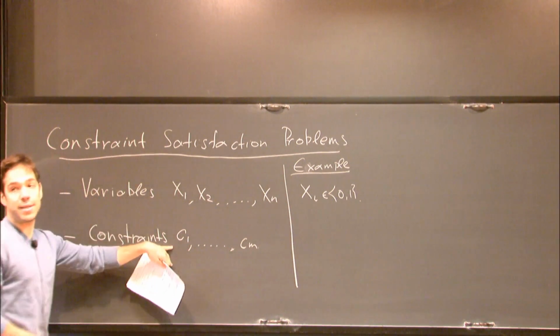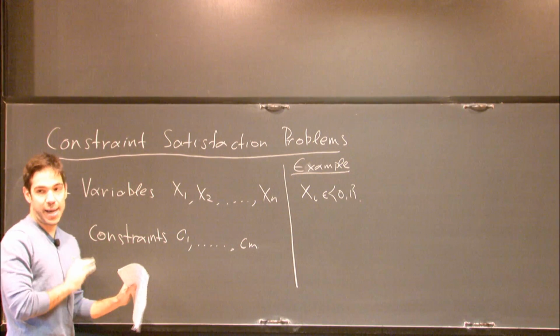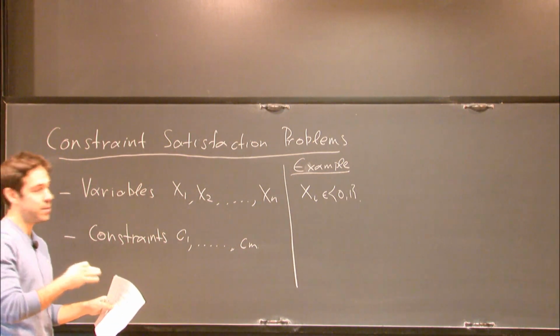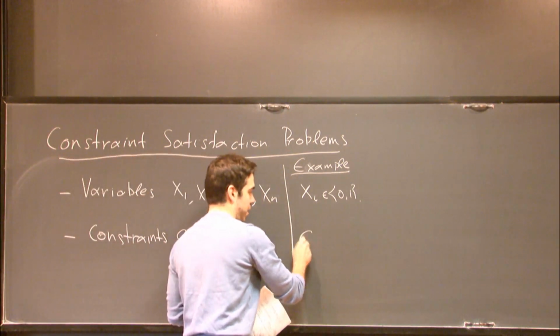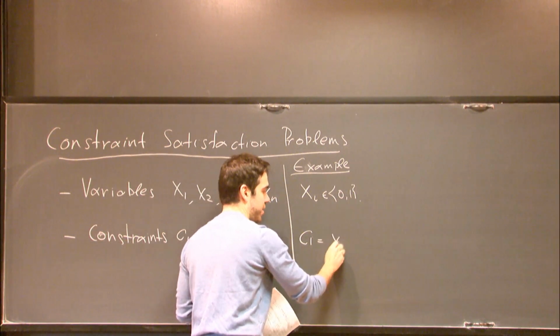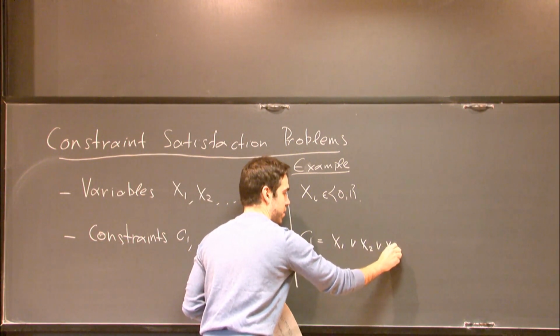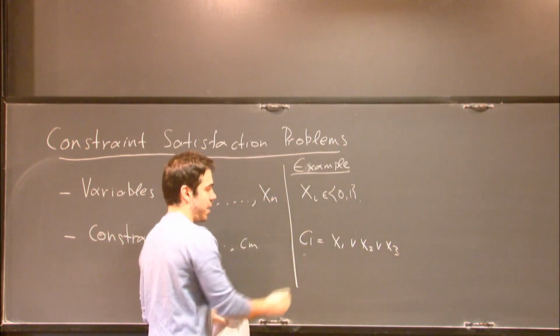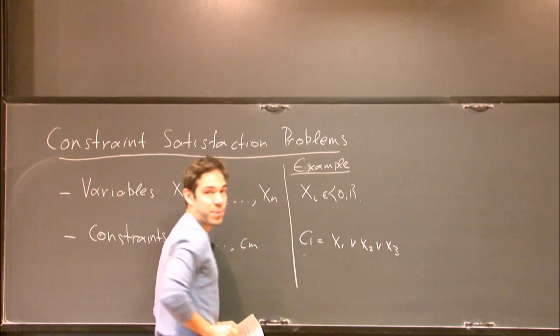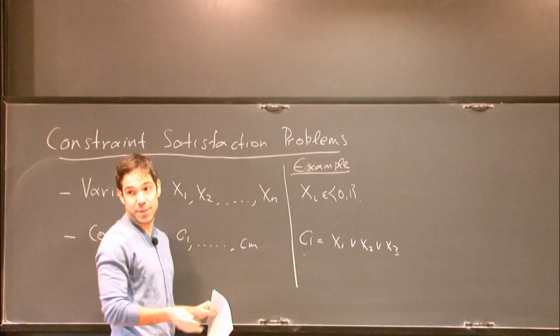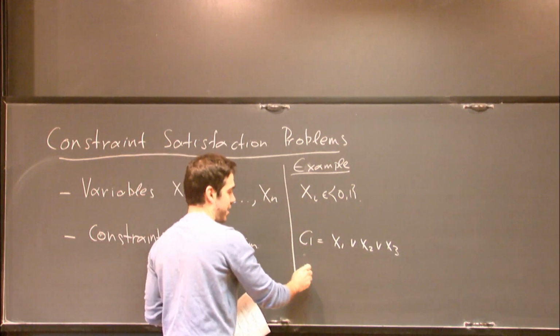So each constraint is basically a set of variables along with some forbidden configurations. So for example, a constraint could be something like this. So this is a constraint that entails these 3 variables and forbids exactly one assignment. Okay, so this is a SAT constraint.